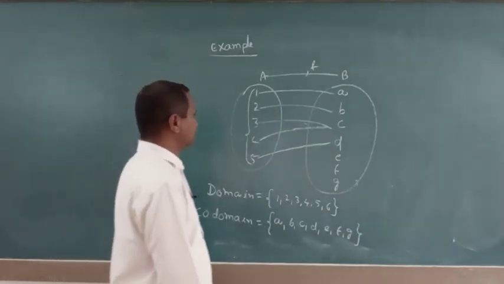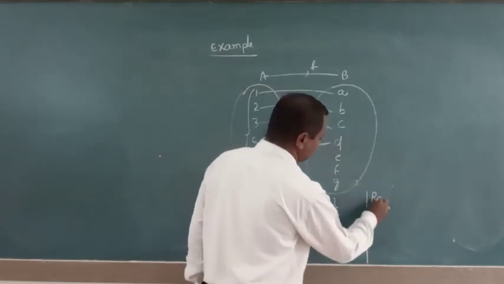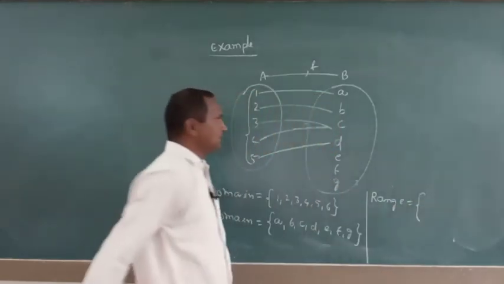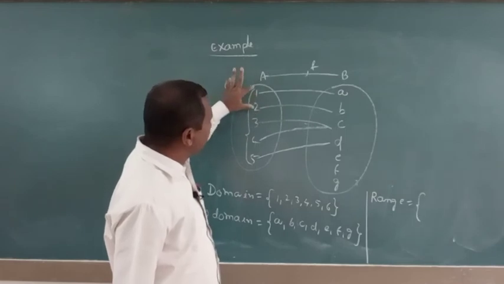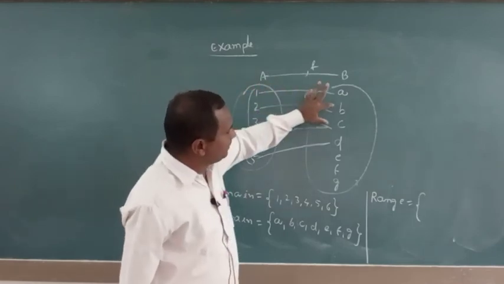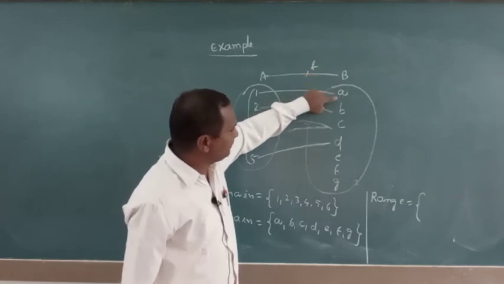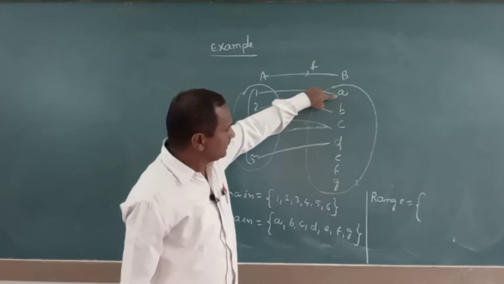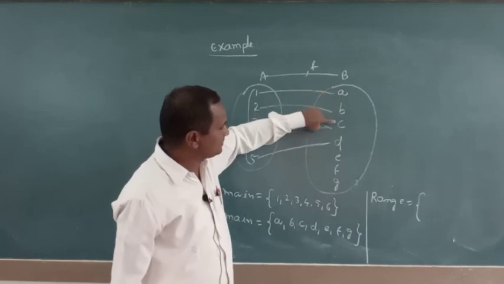Last one is range. Range means the mapping is coming from all the elements of set A to which elements in set B. The elements of set B connected by mapping are a, b, c, d.